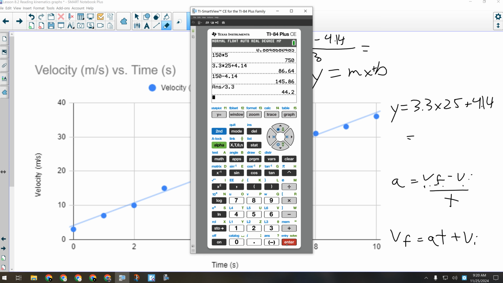If you got a different number, remember that you have to do that top part in brackets. If you just go 150 minus 4.14 and then divide by 3.3, you get a different answer, because your calculator does order of operations, so it divides the 4.14 first and then subtracts that from 150. So what I did here is I just did the top, got the answer, and then divided the top by the bottom to make sure I get what I'm supposed to get. Everybody all right with that?